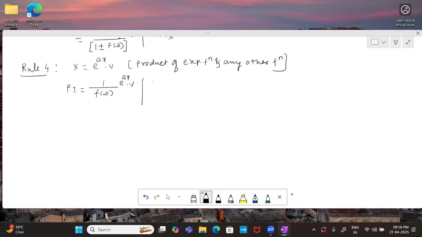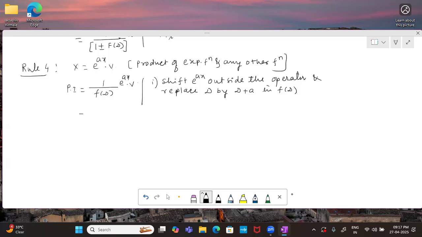So the first thing in this case is to shift e raised to ax outside the operator, and replace D by D plus a in f of D. So that is the first step.